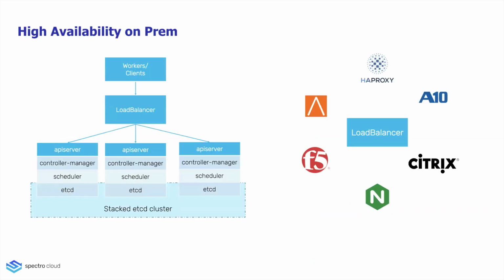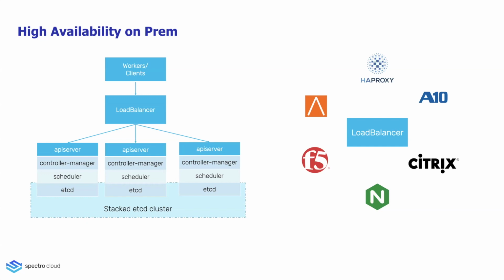So now let's look at our first topic, high availability. If you just Google HA for Kubernetes, most likely this will be the architecture that you will see. We have a load balancer sitting on top of the three API servers, and all the worker nodes and other external clients talk to any of the API servers through this load balancer.